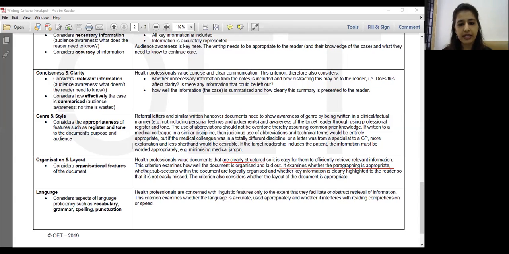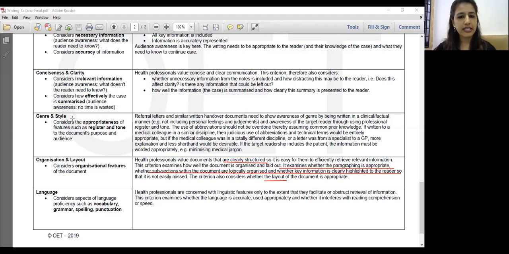So, whether subsections within the document are logically organized or not. Here also, they look at your ability to organize not just paragraphs, but within paragraphs also, whether your sentences are flowing or not. And then the second half is layout: writing the date appropriately, writing the address appropriately, and those factors are to be taken into consideration.